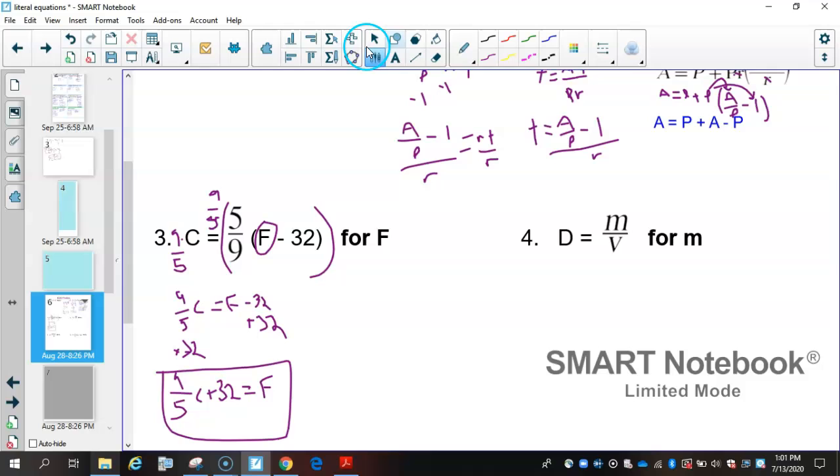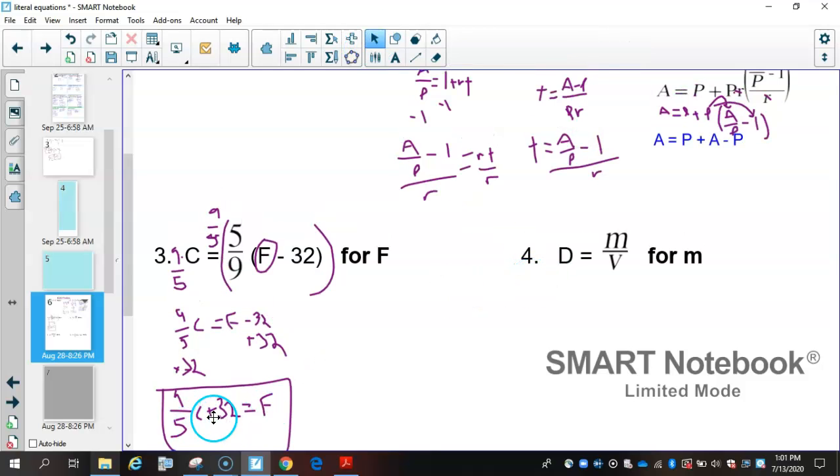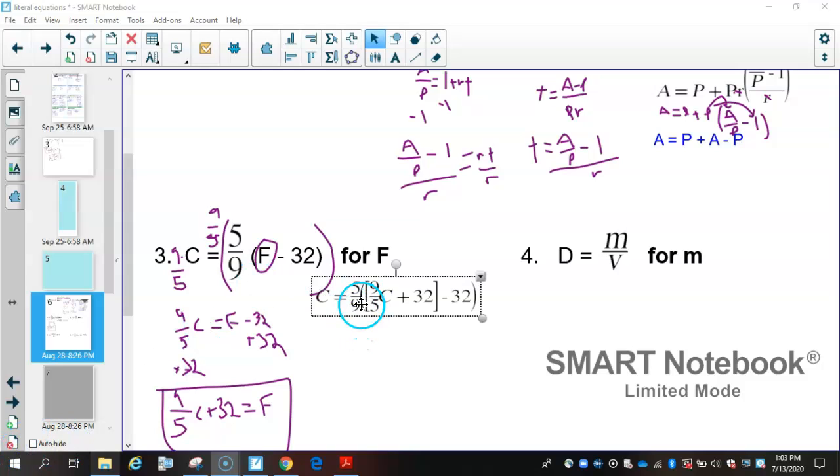And then to double check that, I'm going to put this equation in for F. Right, so it took me a second to get that, but here I have put in brackets the equation for F. Even though I put them in brackets, F wasn't multiplying to anything inside the parentheses, so the only reason I'm using the brackets is to show that I put the equation for F in.